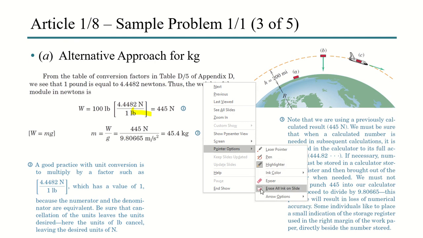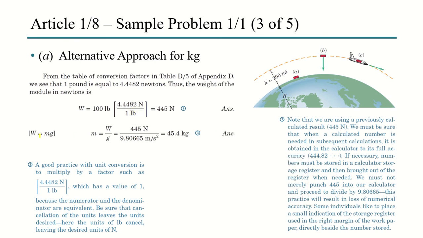Weight is equal to the product of the mass and the gravitational acceleration. So from there we can solve for mass, substituting the result here. And g is 9.80665 meter per second squared. So it gives us 45.4 kilograms. It gives us the similar result as we had in the previous slide.